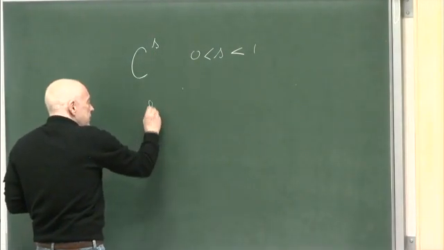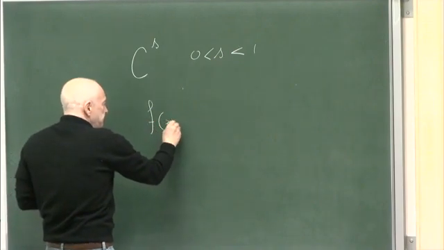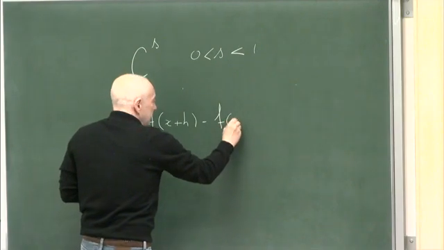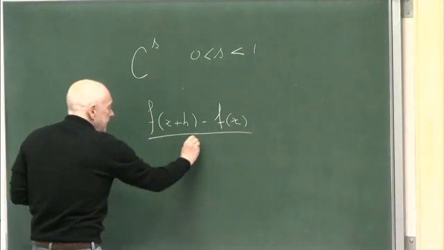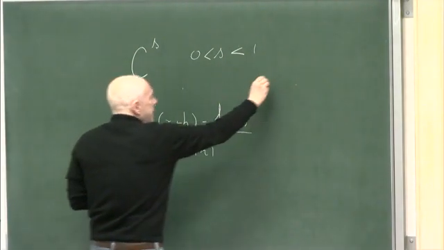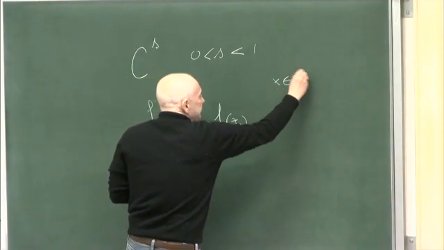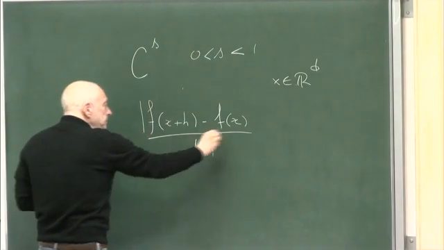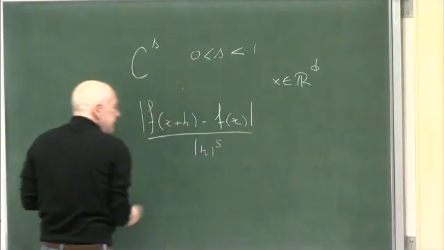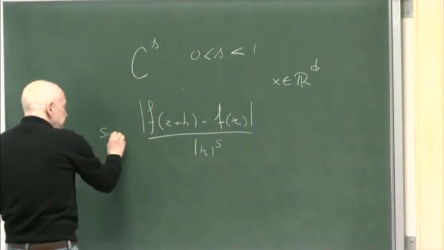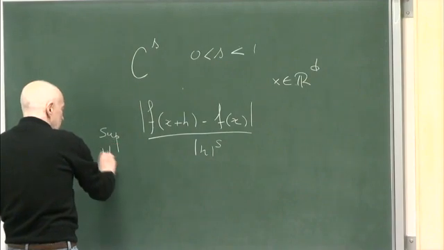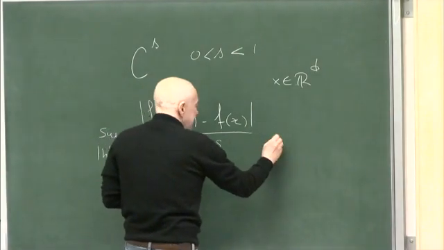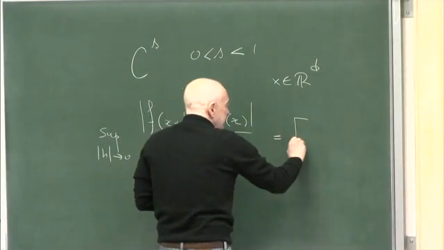You have a function f, and you form an increment, and you divide, because these are, let's say, x in R^d, you divide by h to the s, and you let h go to 0. And this is, let's call it, a semi-norm.